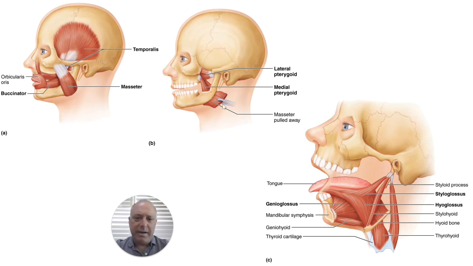Deep to the masseter, there are the lateral and the medial pterygoids. The tongue is held by the genioglossus, the styloglossus, and the hyoglossus.